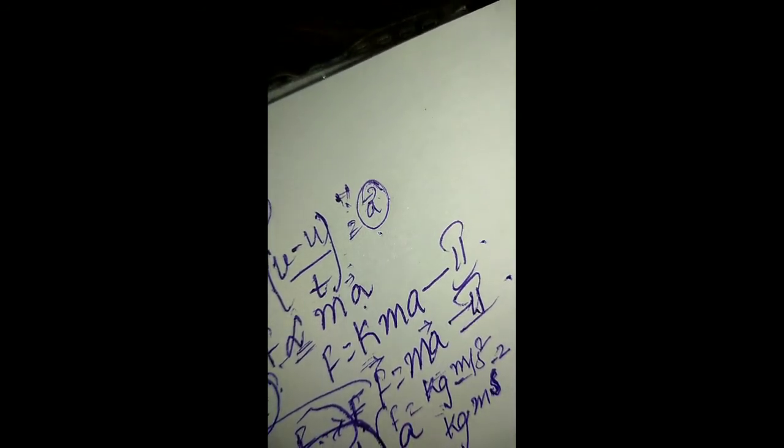This is the SI unit, and in order to honor Newton, the SI unit of force is given as Newton. Now 1 Newton is equals to 1 kg meter per second square.